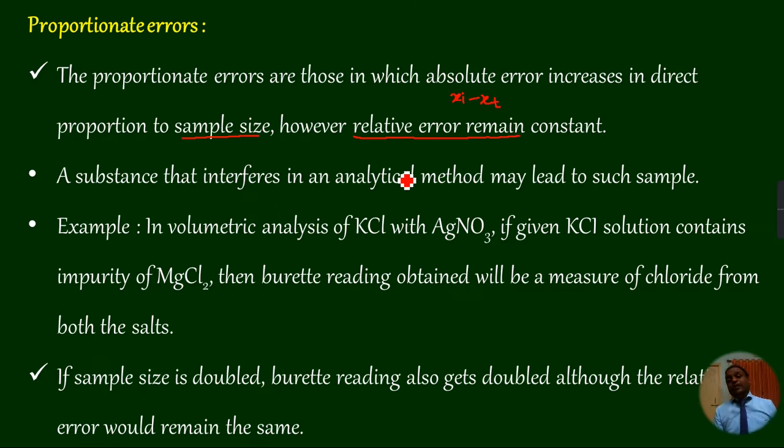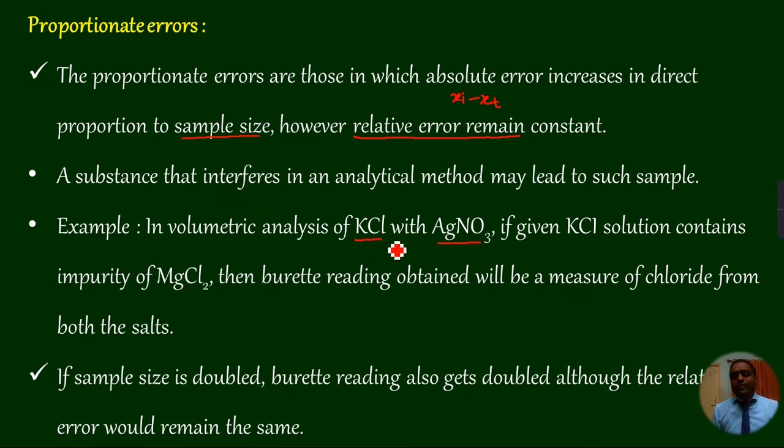Now how this can happen, we have to take one example. For example, a substance that interferes in an analytical method may lead to such an error. Sometimes you have a substance which can interfere in an analytical method, so you have incorporated some interfering element which is causing such proportionate errors. For example, in volumetric analysis of KCl with silver nitrate, a precipitation reaction happens.